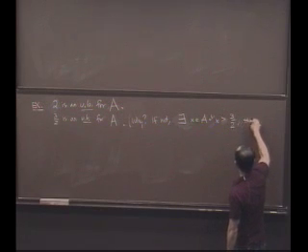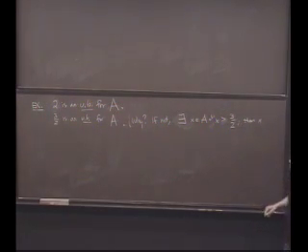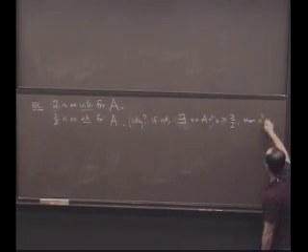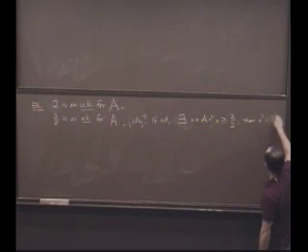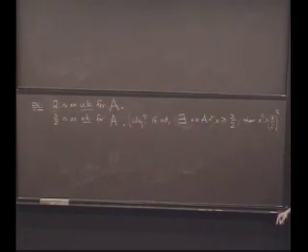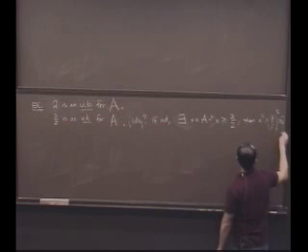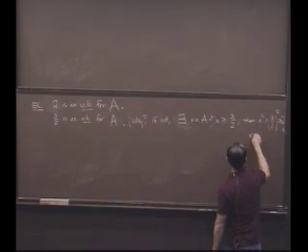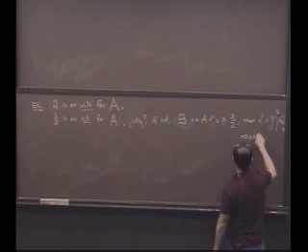Then what would be true? Steve is saying then x squared is going to be bigger than 3/2 squared, which would be bigger than 2. You can check that that's bigger than 2. And then x could not have been in A, which is a contradiction. x is in A, not in A, contradiction.